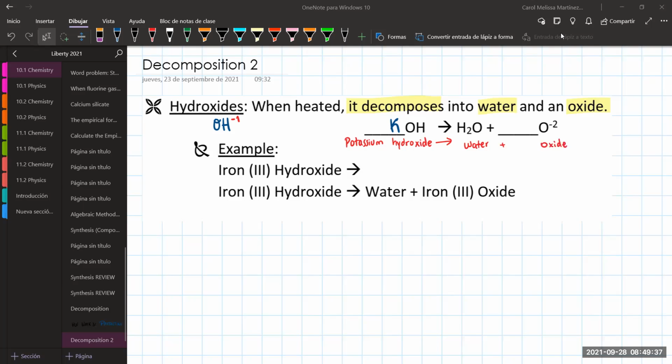As I told you, the oxide is going to depend on the metal that is part of the reaction. In this case, the metal is potassium. So the product will be potassium oxide. That is going to be the product.